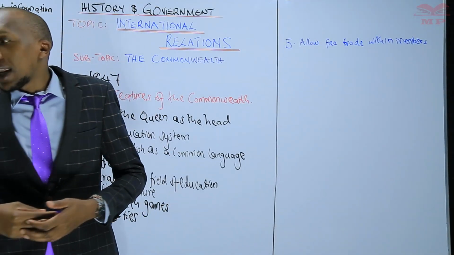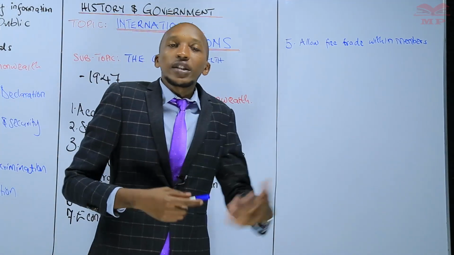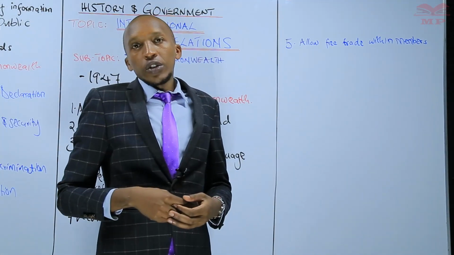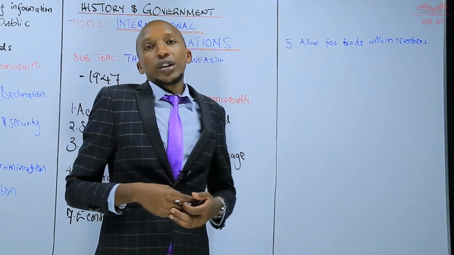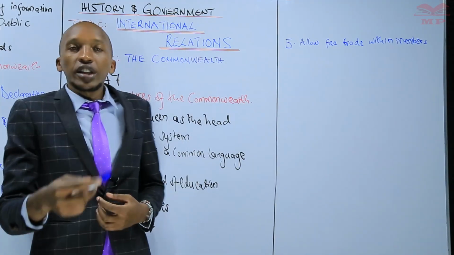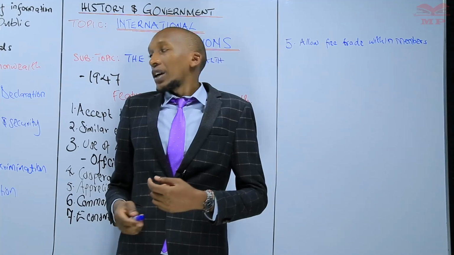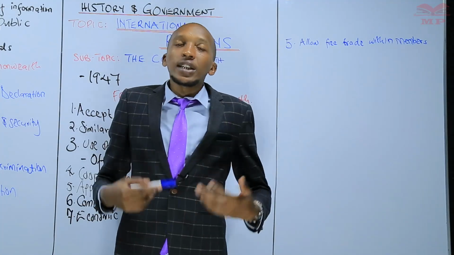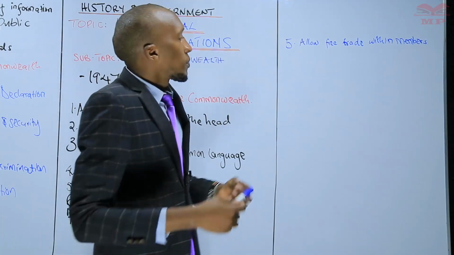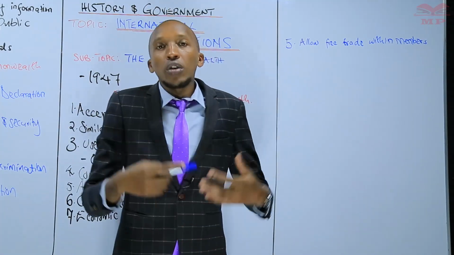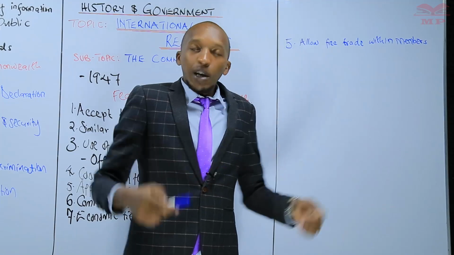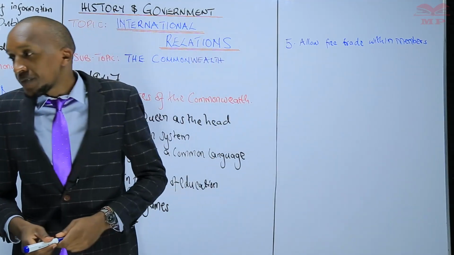So members were allowed to trade internationally without so many restrictions. So the members of the Commonwealth had an upper hand of trading with one another. That was another declaration that they made. This was in an effort to make sure that the members of the Commonwealth have stable economies.